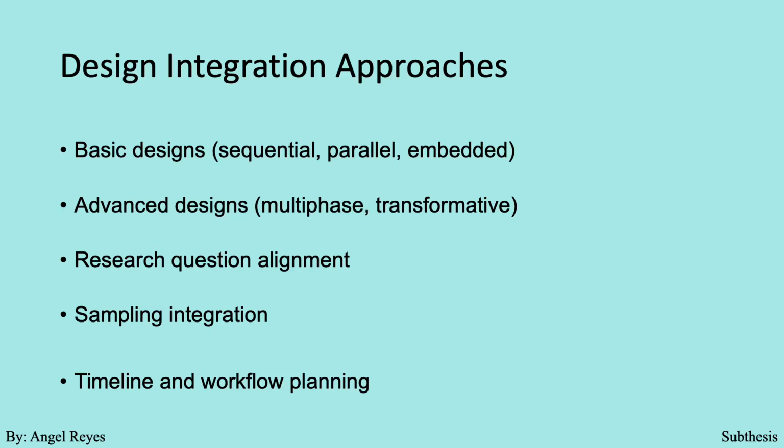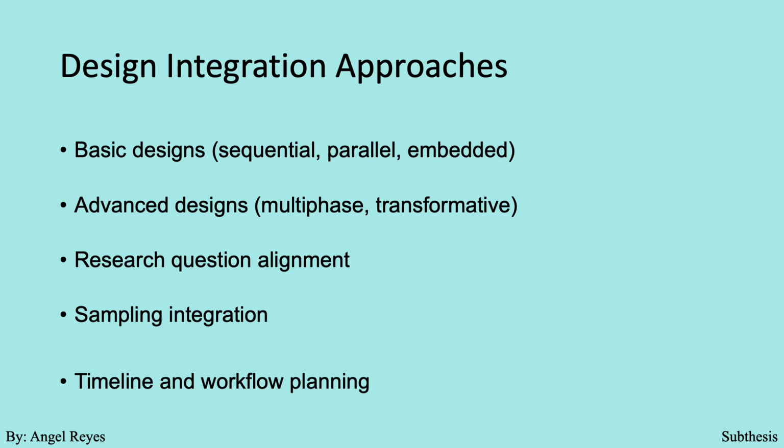At the design level, integration begins with selecting a structure that supports your research purpose and questions. Basic designs include sequential, parallel, convergent, and embedded formats. More advanced configurations include multi-phase and transformative designs.